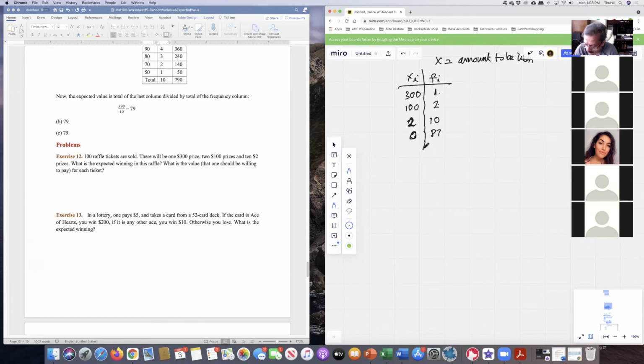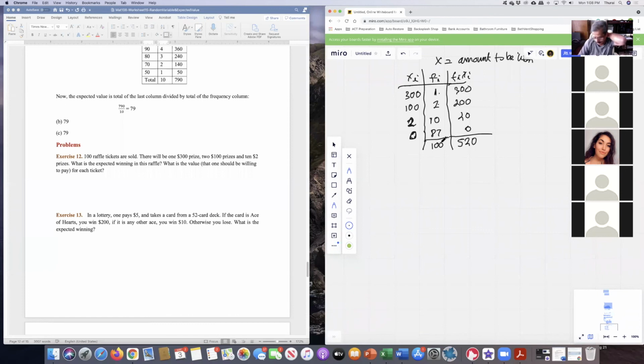So now we are ready to find the expected value. I advise that you do this by extending the column and finding fixi. That'll be 300, 200, 2 times 100, 2 times 10 is 20, and 0. Add them up, 520, and add up the frequencies, 100.